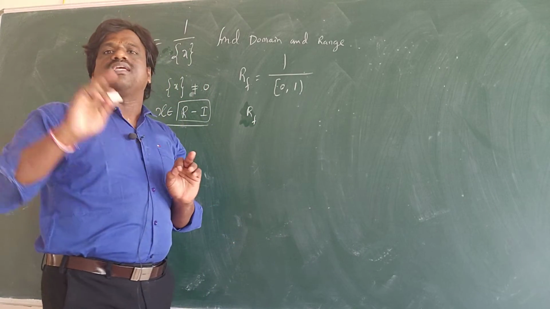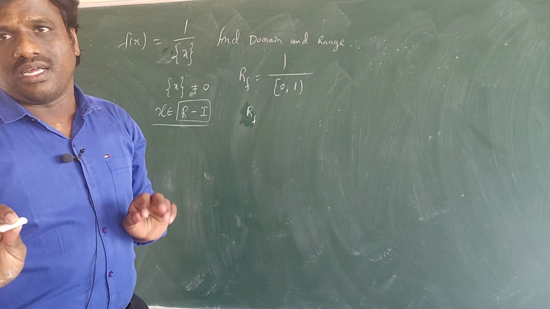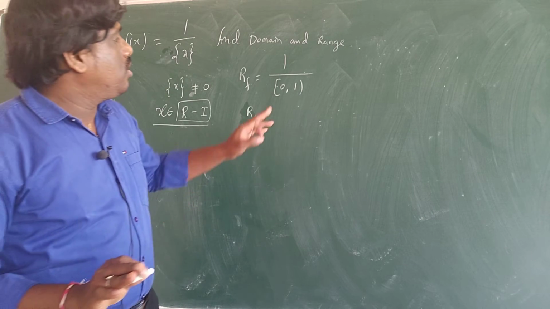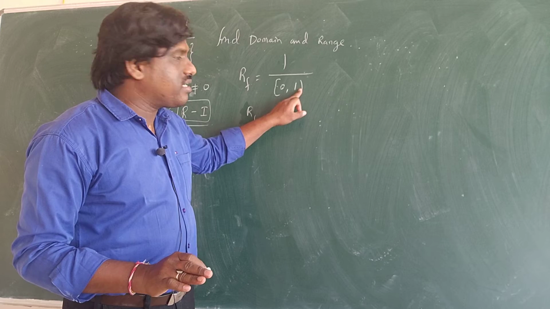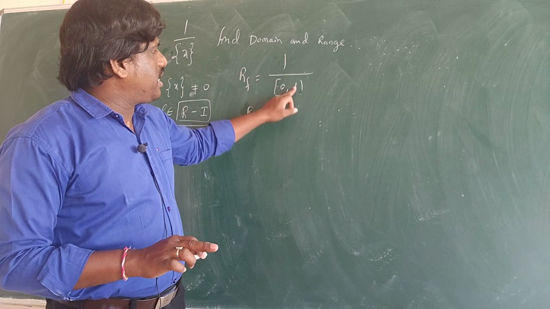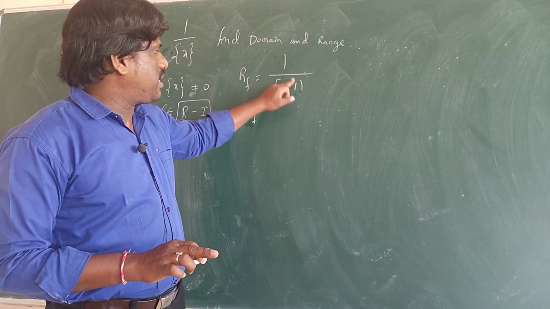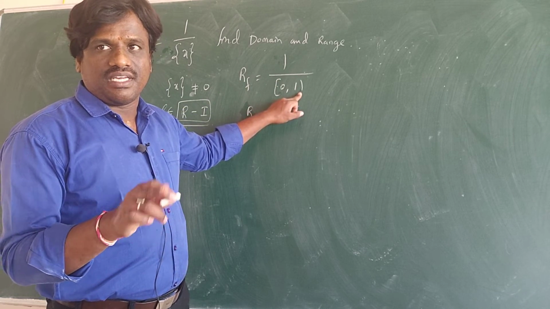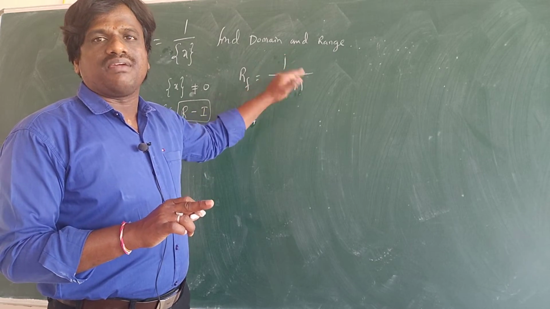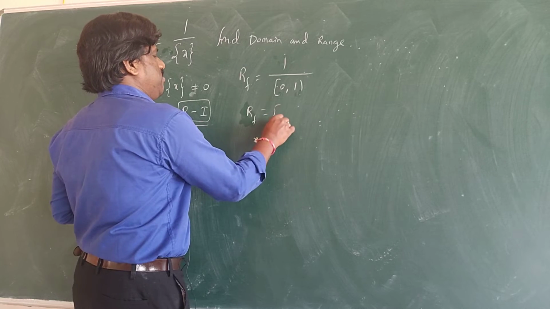See, minima will give you maxima, and maxima will give you minima. Already I told you, whenever you have 1 by, 1 by maxima will give you minima. So 1 by the max of the interval, which is 1, will give the min. 1 by 1 is how much? 1. So 1 is the minimum value.